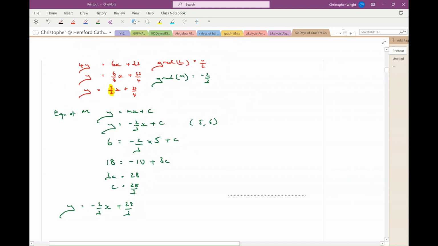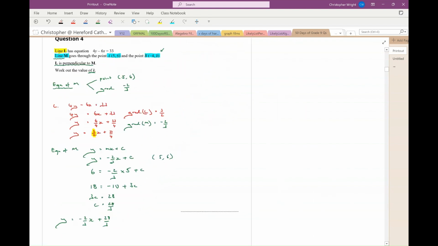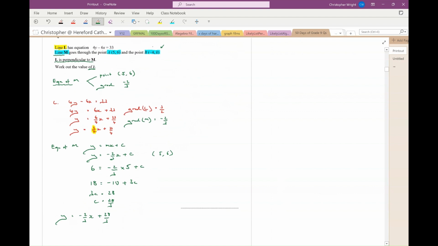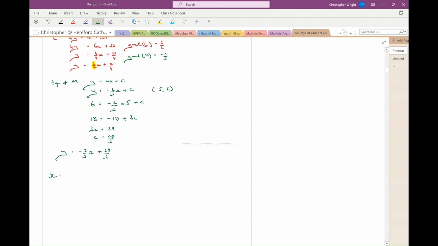Now, what was the question? The question was, find k. And k is the y coordinate when x is minus 4. So let's put x as minus 4 in here, shall we? X equals minus 4. And let's use the equation of the line to find out what y would be. It's going to be minus 2 times minus 4 over 3 plus 28 over 3.